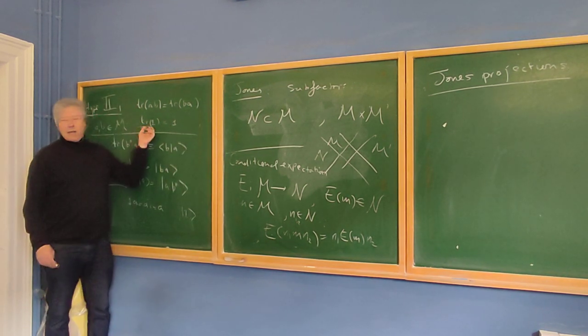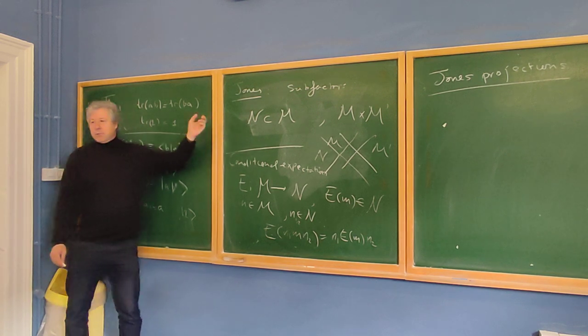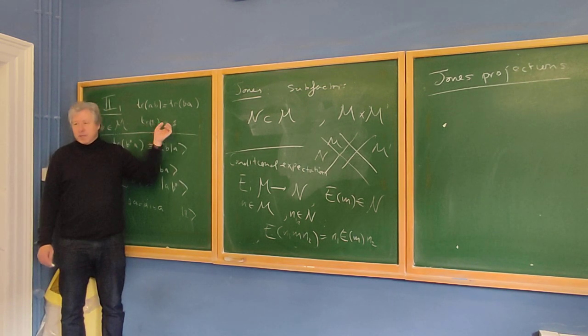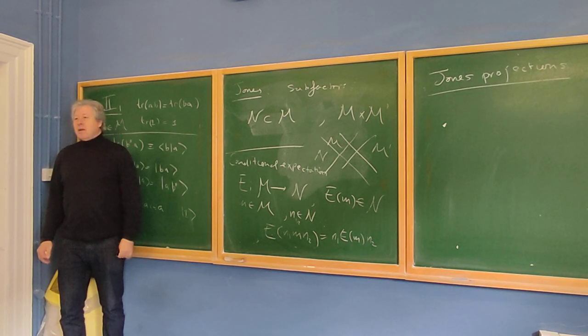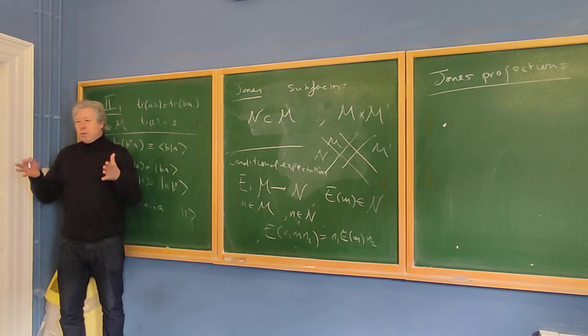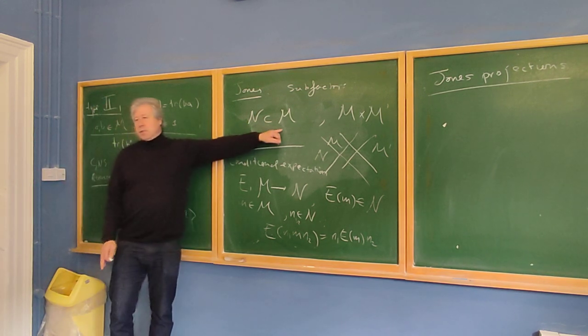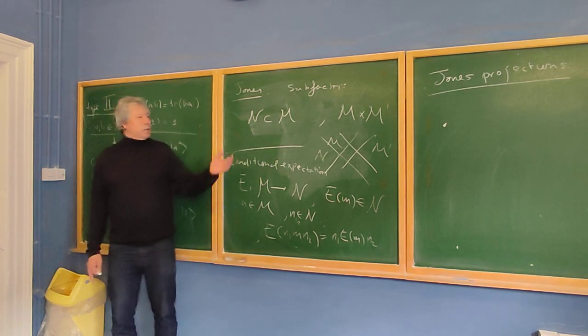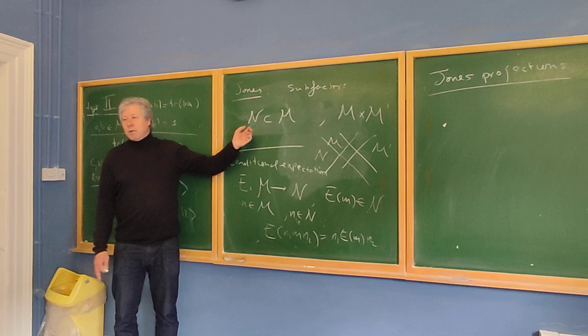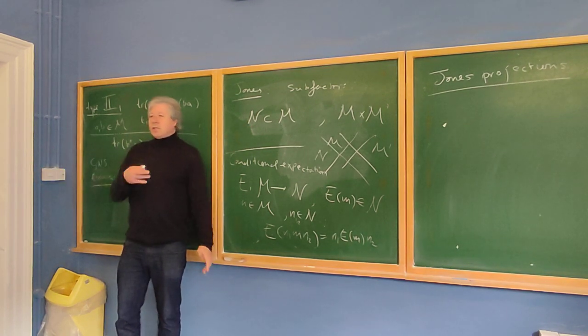So the identity element in this algebra may not have a trace which is equal to 1. I'm going to be able to project out part of the Hilbert space. So one way to think about this is that this algebra acts on a bigger Hilbert space that's obtained by tensoring the Hilbert space that this algebra acts on by an additional small space.